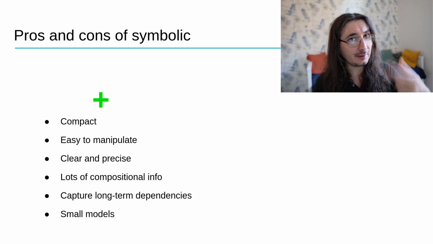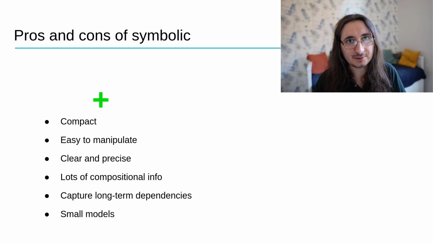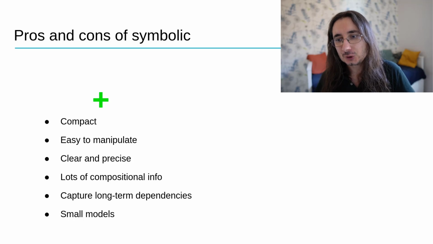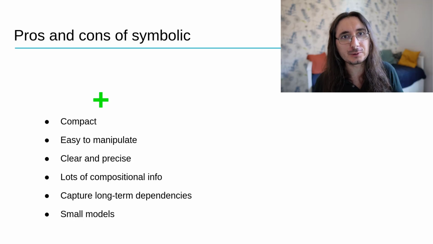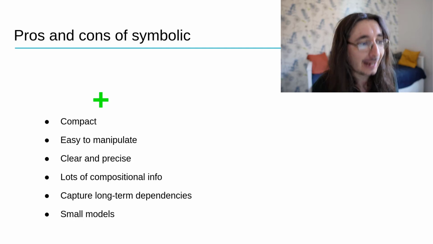And also another advantage of these models is that they tend to be quite small in terms of parameters, and it's easier to train them because you need way less computation. And once again, this goes back to the fact that this representation usually tends to be very compact.